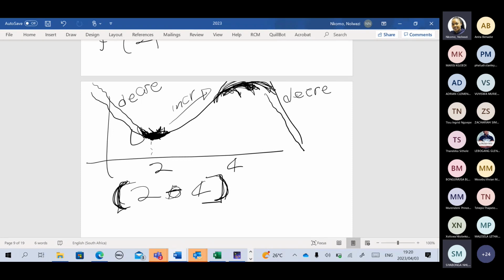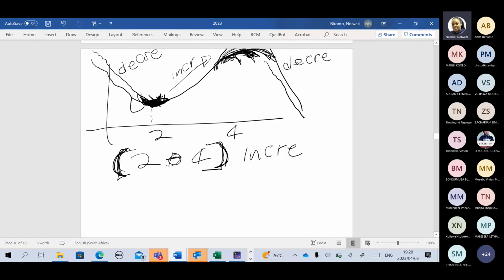So you can say from 4 to 2, your graph is increasing, right? And on the other side, which you don't know, if you go this side, your x values are decreasing. If they are decreasing, that means they are going to negative infinity. So you have minus infinity.